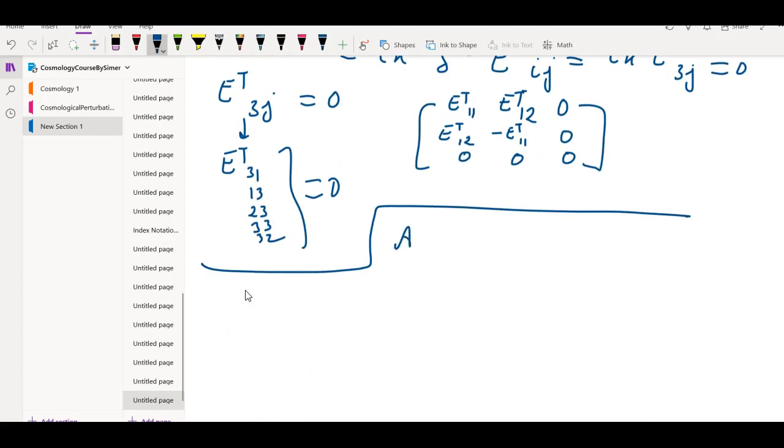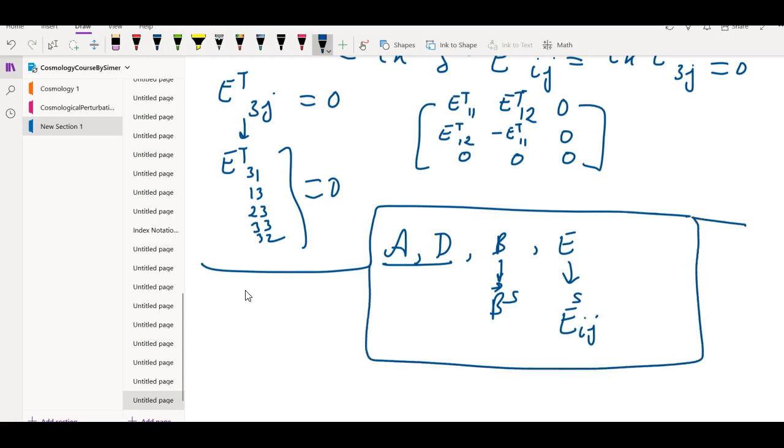Now what do I have? I have A, I have D, and B, which I get from BS, and E, which I get from ESIJ. These are 4 scalars.